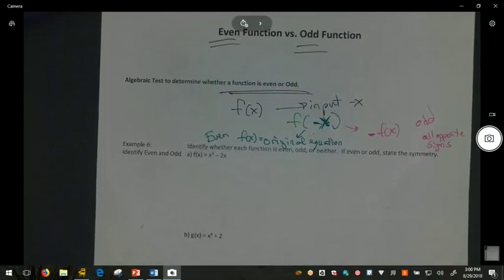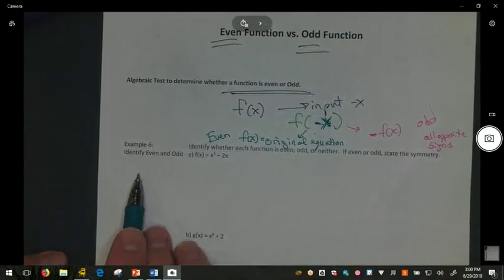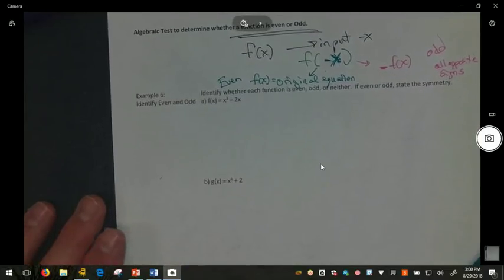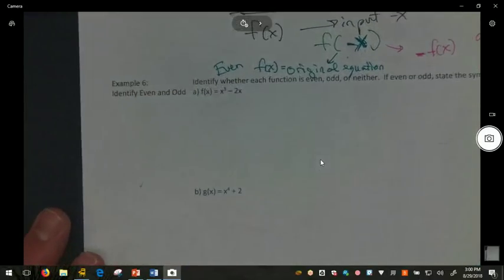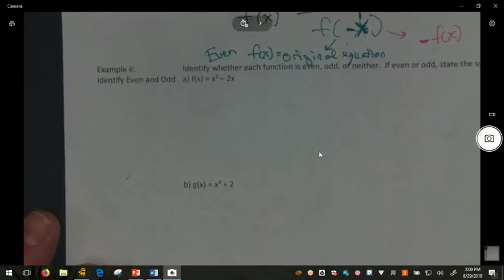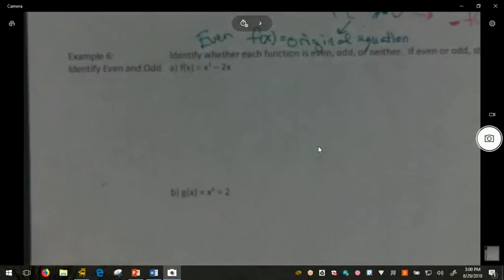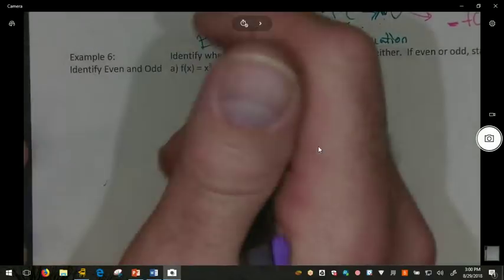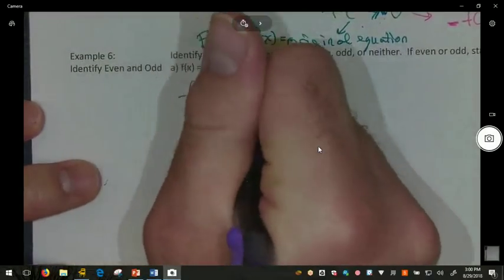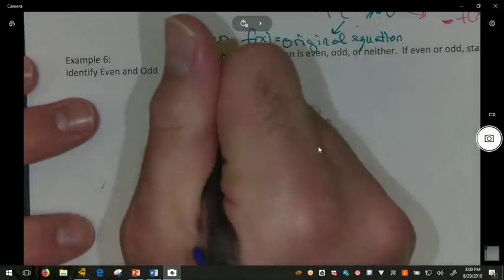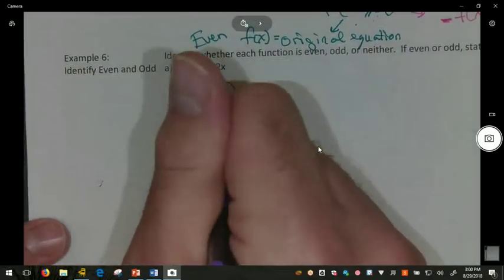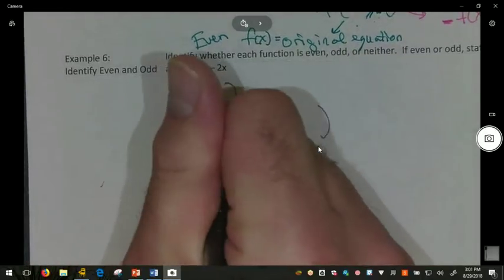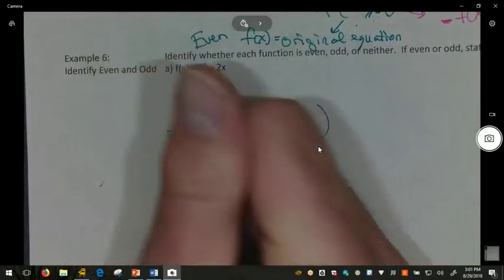Let's look at a couple examples. Identify these functions as even or odd. This one appears to be, at first glance, just looking at the degree, odd. It is possible for it to be neither, though, as well, so we have to be careful of that. So we have x cubed minus 2x. When I do the test, I'm going to plug in the opposite of x. I have the opposite of x cubed minus 2 times the opposite of x.